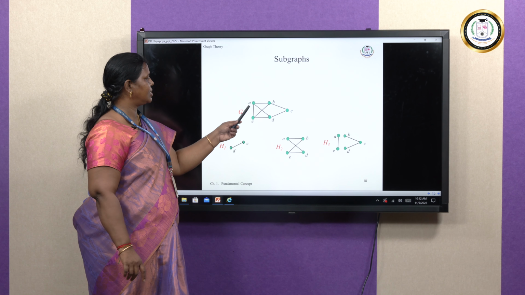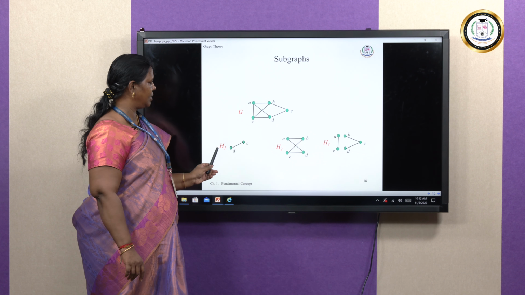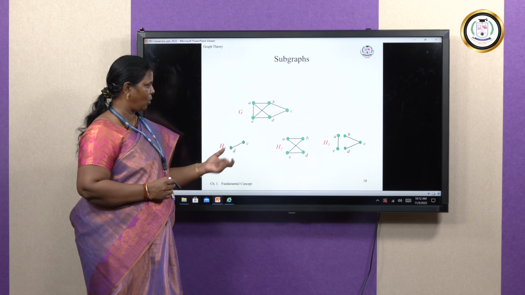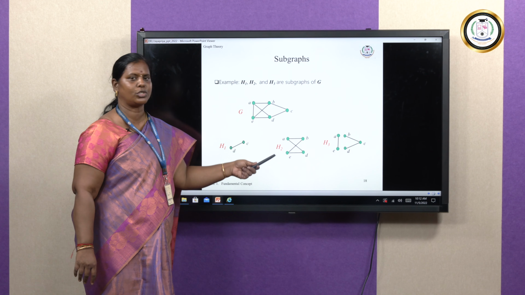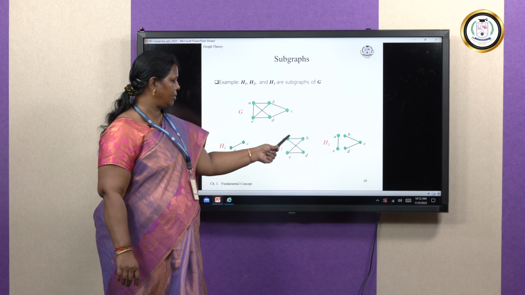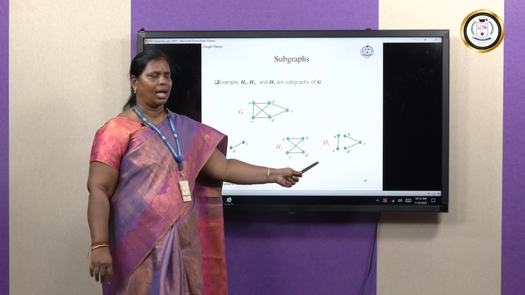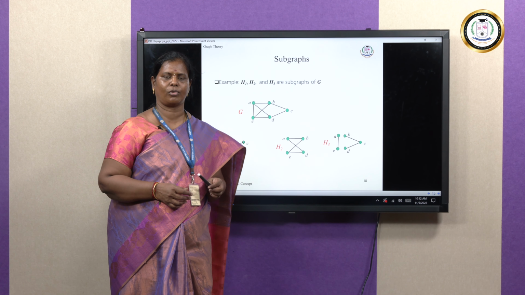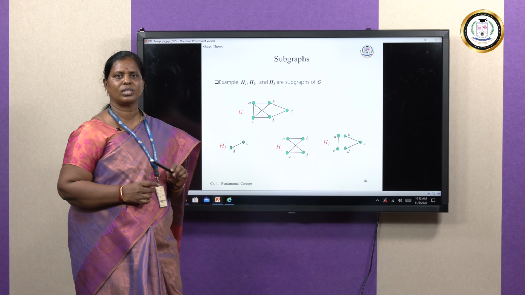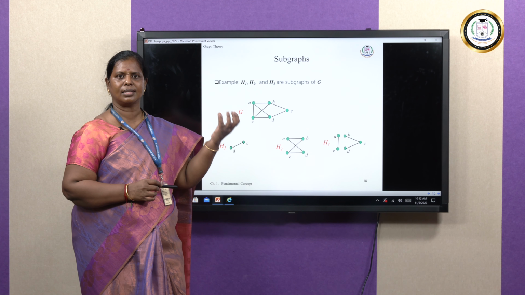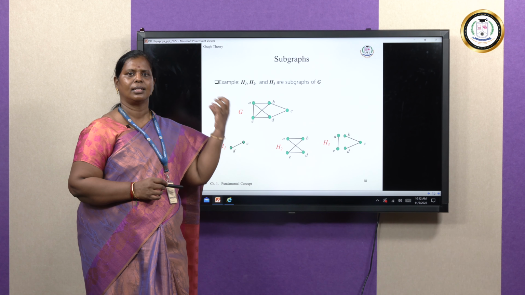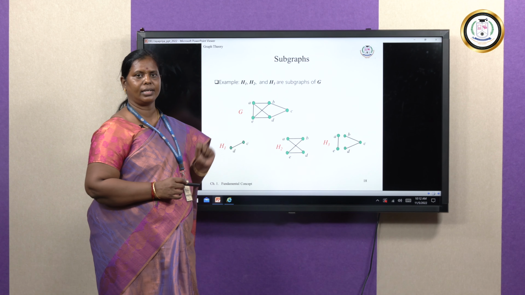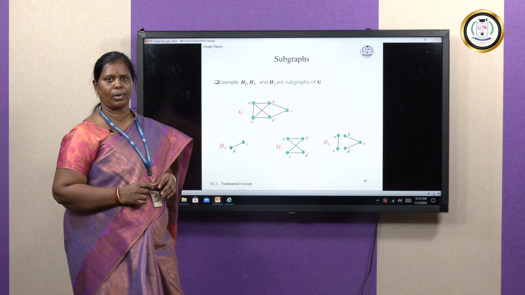G is a graph and we are taking two vertices D and C along with its edges. Similarly, here we have H2. We are taking these vertices along with the edges, and you notice that H1, H2 and H3 are subgraphs of the given graph. So a subgraph means we take a subset of the vertices and a subset of the edges and draw it out, and that is our required subgraph.